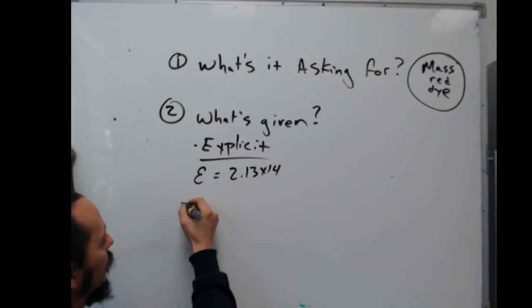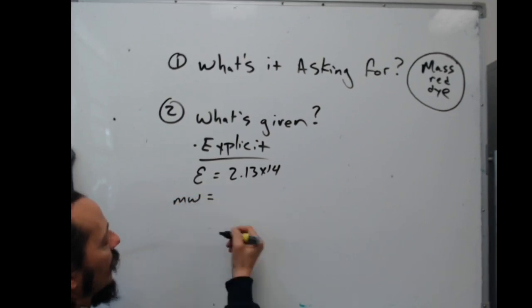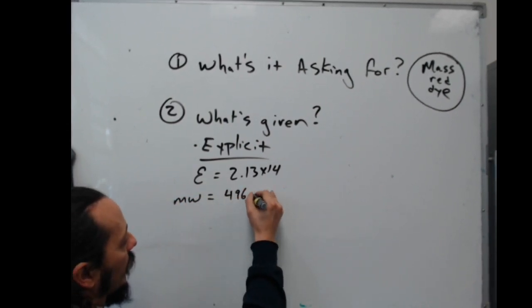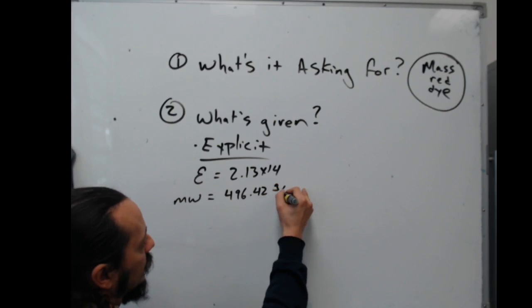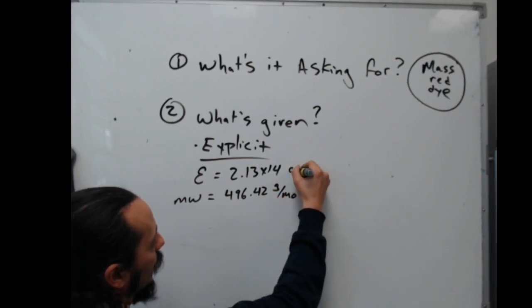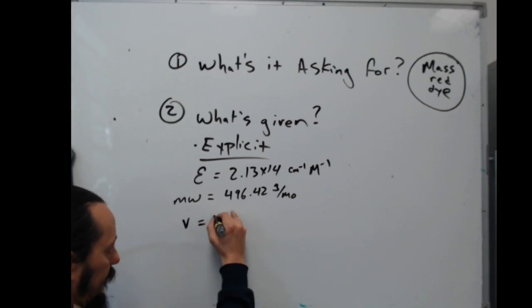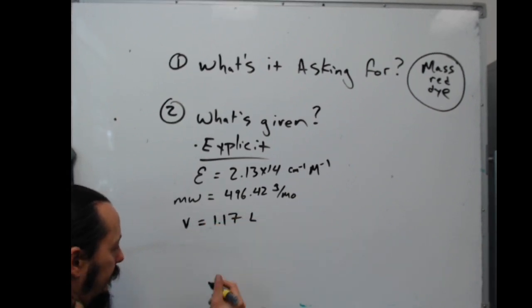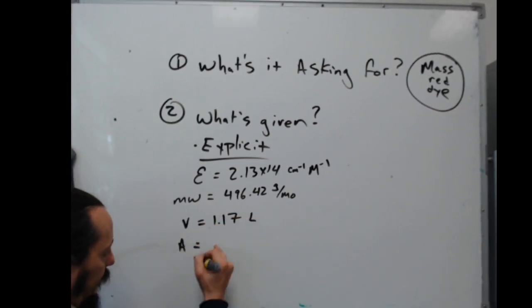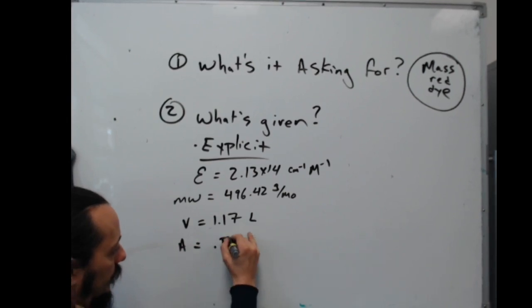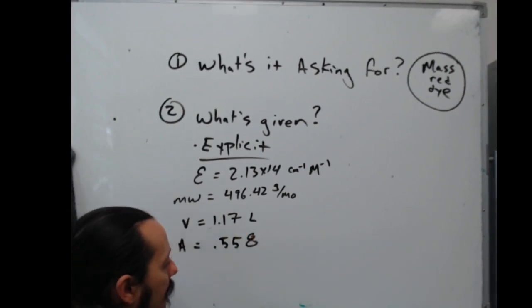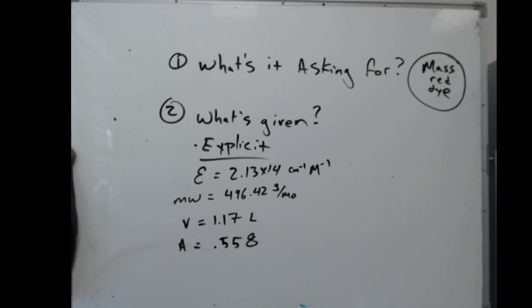What else are we given? The molar mass, 496.42 grams per mole. We need to prepare 1.17 liters. It has an absorbance of 0.558. Right? The explicit information is easy to get because it's just given to you.